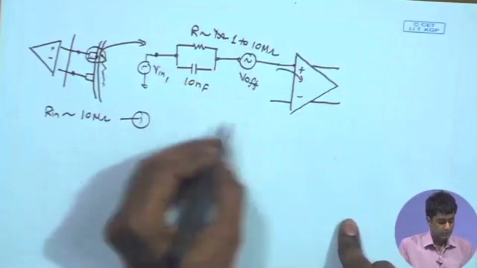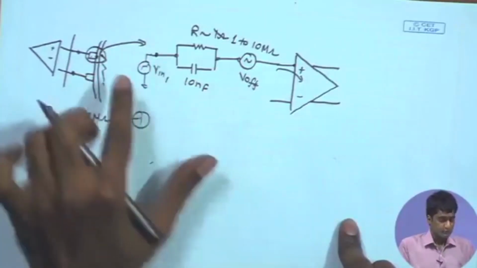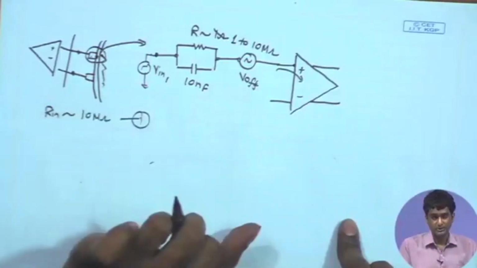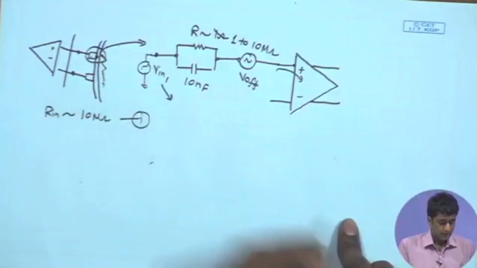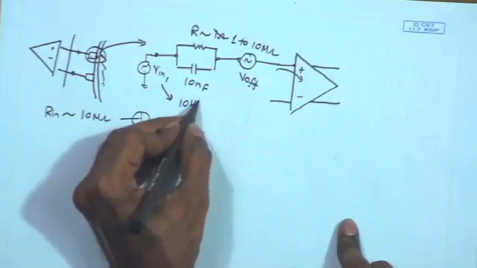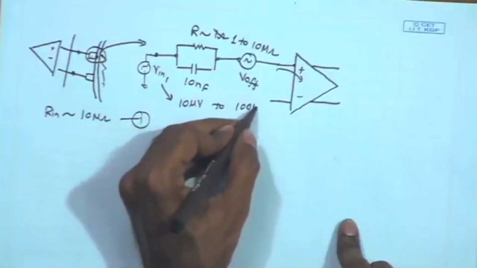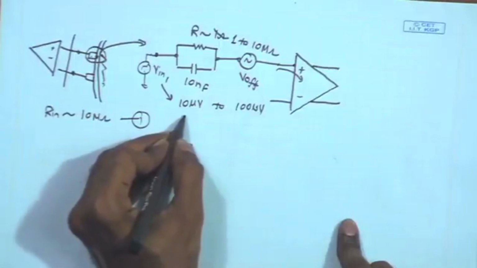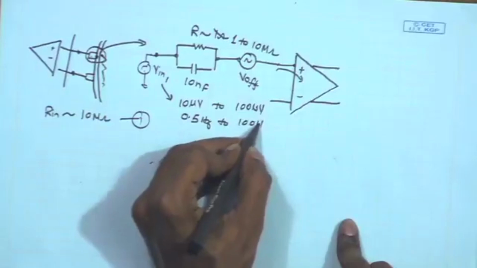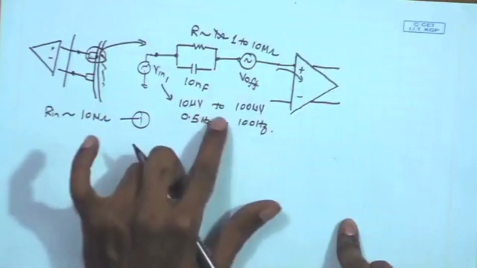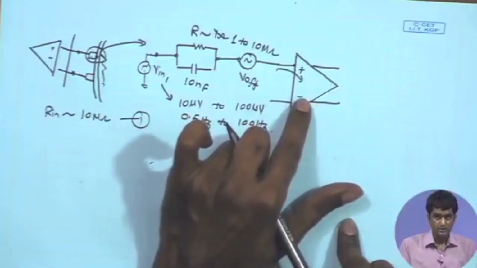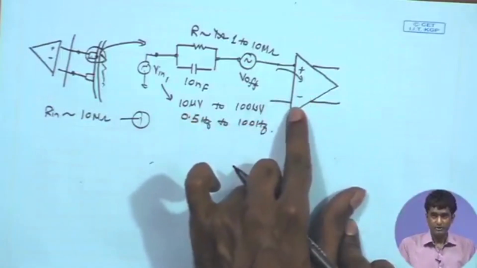Now, if we look at the signal, we have to first of all find out the characteristics of the signal, frequency domain and time domain characteristics of the signal. So, the biopotentials recorded through these electrodes may have an amplitude ranging from 10 microvolt to 100 microvolt, and frequency content may range from 0.5 hertz to 100 hertz. So, that basically gives us the specifications for the overall signal gain and bandwidth of our front end stage.